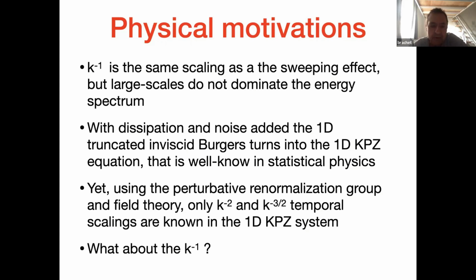In this system, the perturbative renormalization group that has been used since the 70s gives only k^-2 temporal scaling for the trivial linear problem and k^-3 for the 1D KPZ. So what goes on with the k^-1?